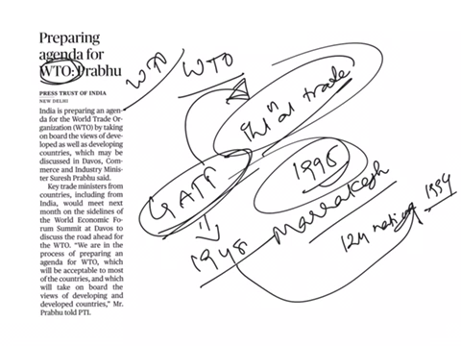The WTO prohibits discrimination between trading partners, but provides exceptions for environmental protection, national security and other important goals.